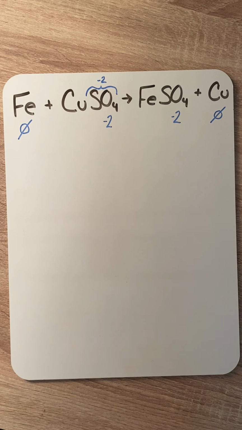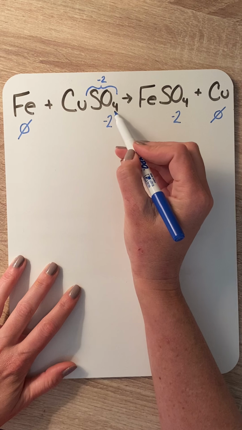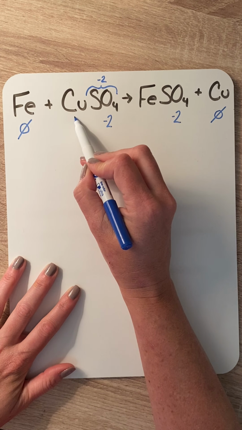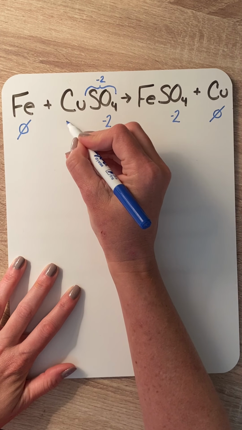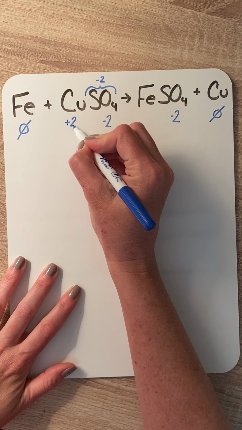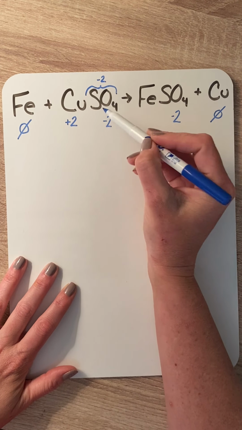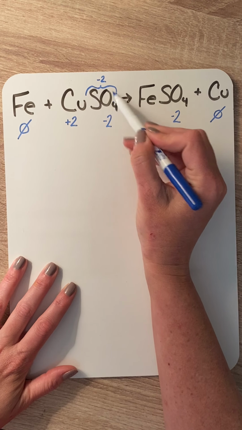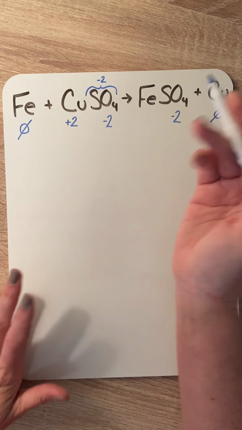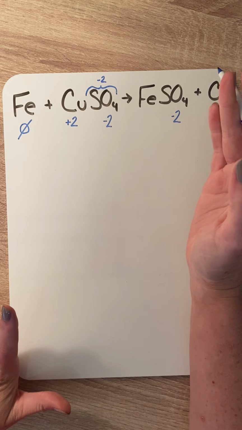That's on Table E. That's why I mentioned early in the year it's important to know and recognize your polyatomic ions, because you can use that information. So since the sulfate is -2 and I have 1 copper here, that copper has to be +2. So I got a +2 for the copper, -2 for the sulfate, the whole thing. That cancels out in an ionic compound, so we're good to go with that.